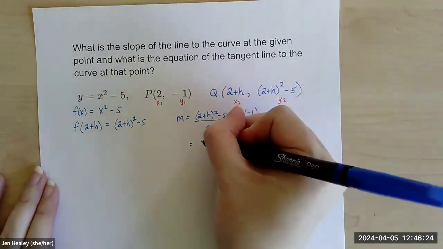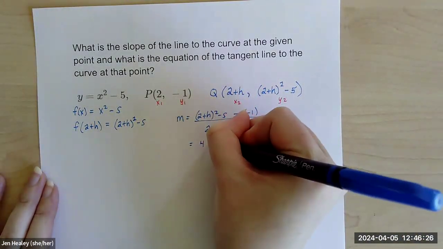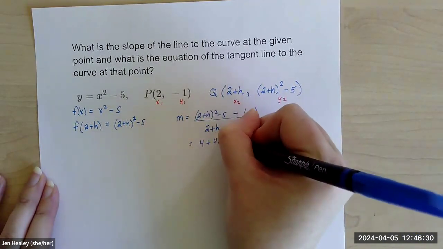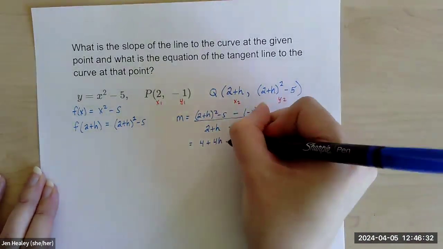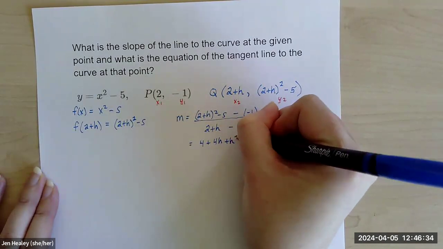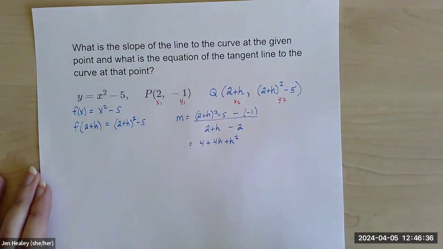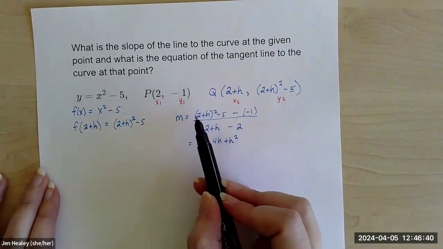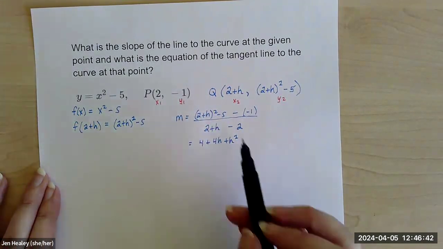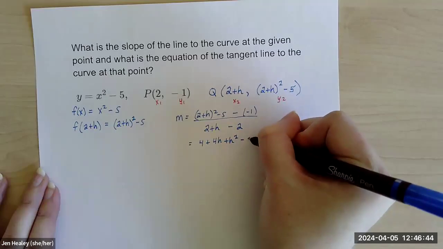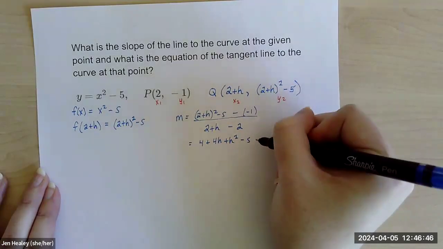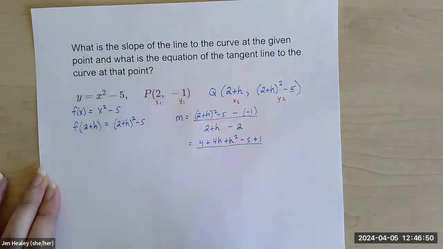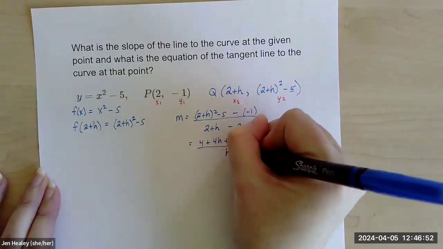So that's going to be 4 plus 2h plus another 2h would be 4h plus h squared. If you can't do that in your head, that is a-okay. You can totally FOIL that off to the side or box method that off to the side. So I just did 2 plus h times another 2 plus h, minus 5. And then minus the -1 will be a +1. And then in the bottom, we just have h now.